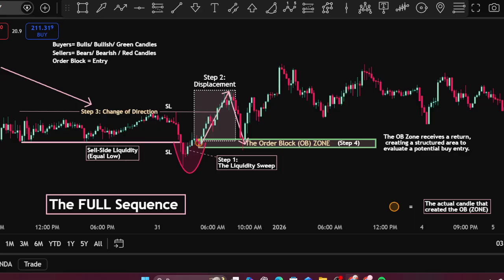They form the complete sequence of the internal reversal framework. Remember, the goal is not to force the trades, but to observe whether the sequence appears in the market.